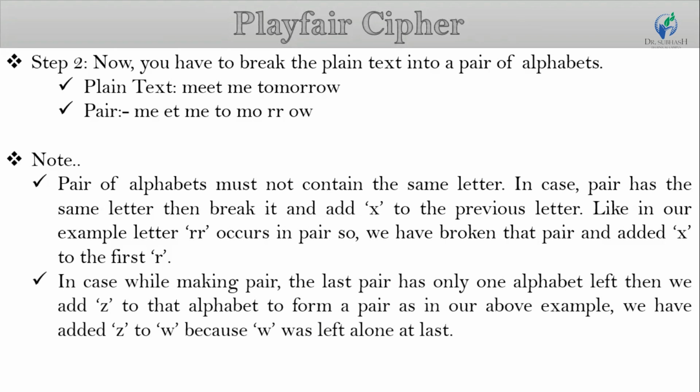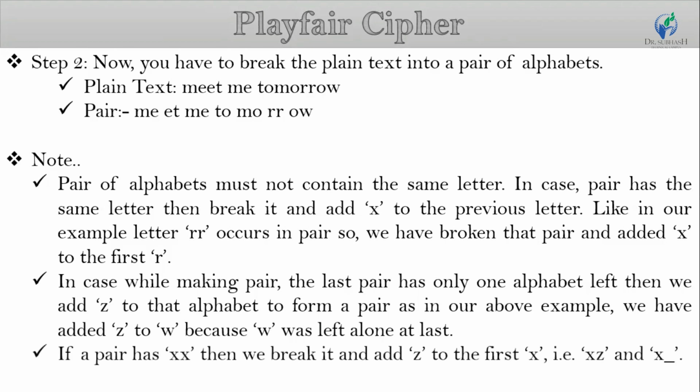And the third instruction is if a pair has double X alphabets, then we break it and add Z to the first X. So our final pairs are ME, ET, ME, TO, MO, RX, RO, and WZ based on the instructions.